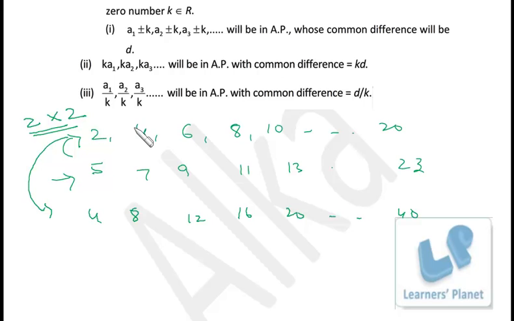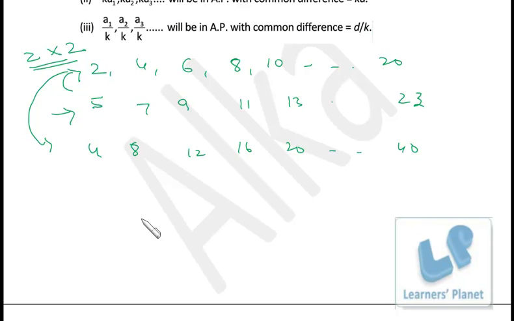Similarly, the same thing holds for division. If this is the original AP and you divide each term by, say, 2, what you'll get is 1, 2, 3, 4, 5 and 10. Finally you are also getting an AP, and the common difference will be the original difference divided by k.